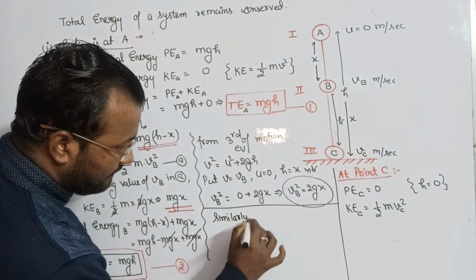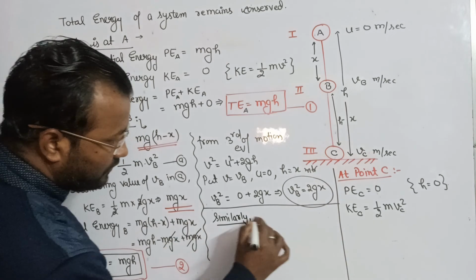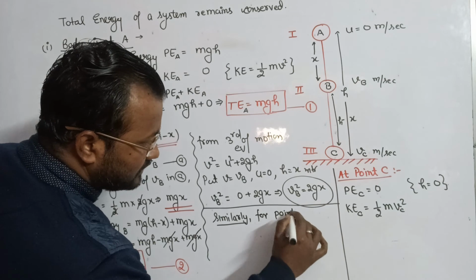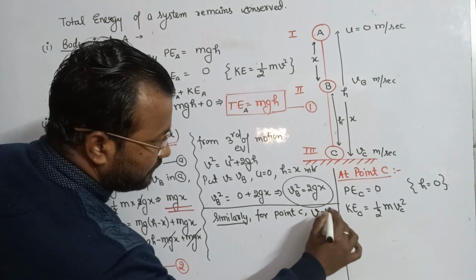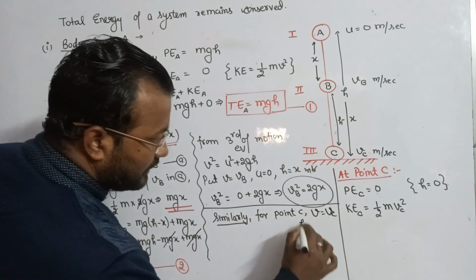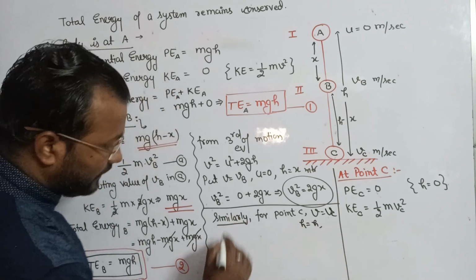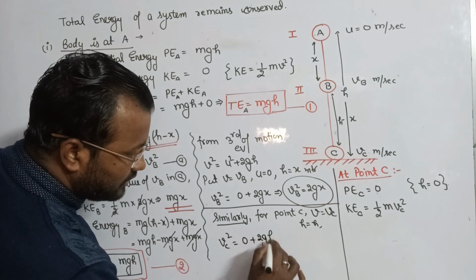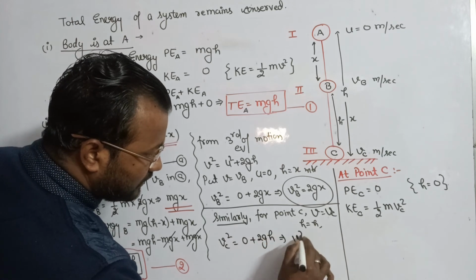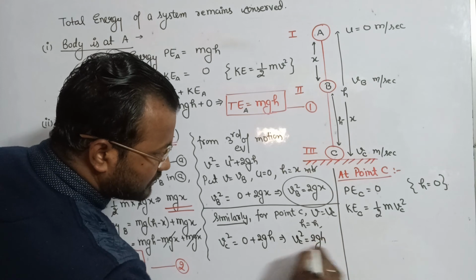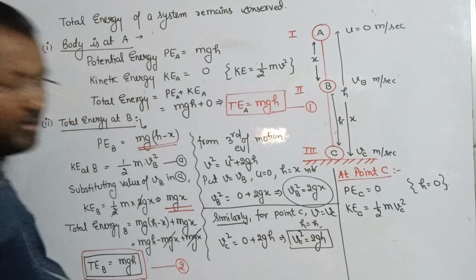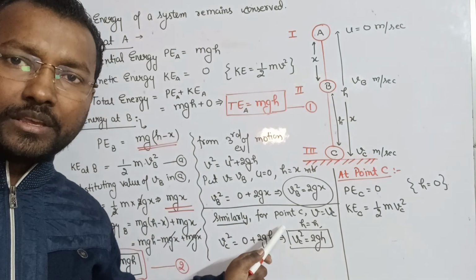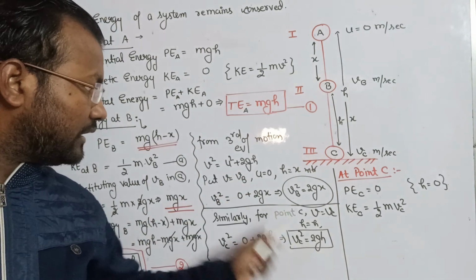सिमिलरली फॉर पॉइंट C velocity becomes vc and h becomes h. तो यहाँ पे वैल्यू रखेंगे तो vc स्क्वायर इक्वल टू 0 प्लस 2gh, और वी कैन से vc स्क्वायर इक्वल टू 2gh हो जाएगा. भाई इसी इक्वेशन में v की जगह हमने vc रख दिया फॉर द पॉइंट c, ये h की जगह h हो गया, u तो जीरो है ही.